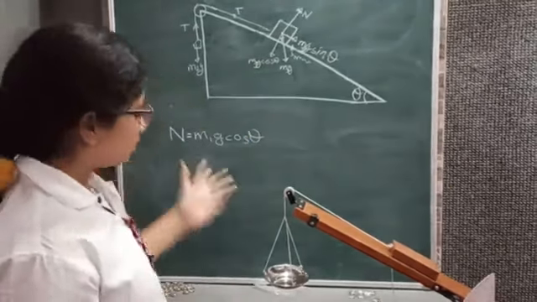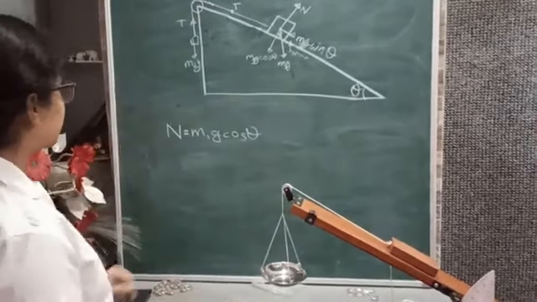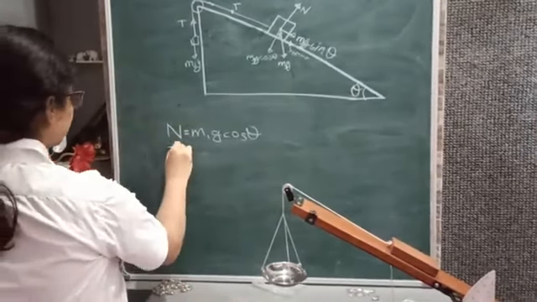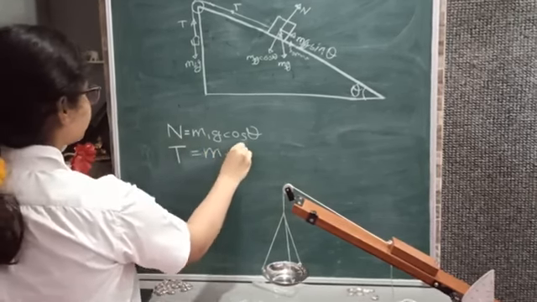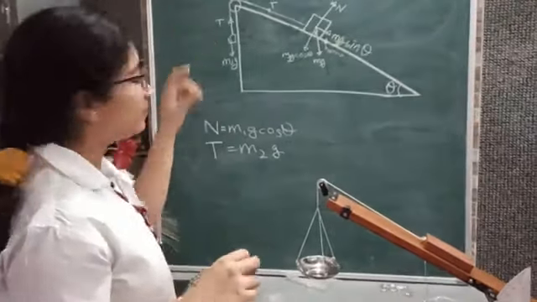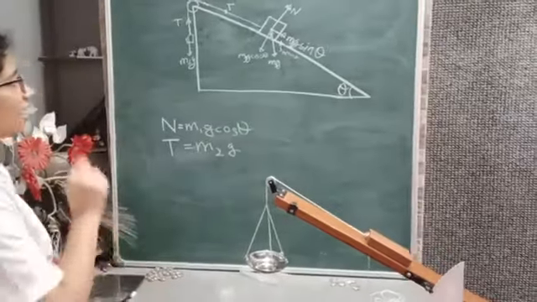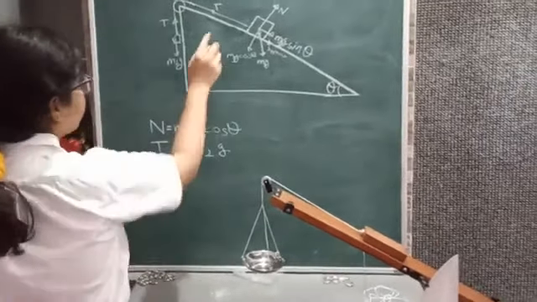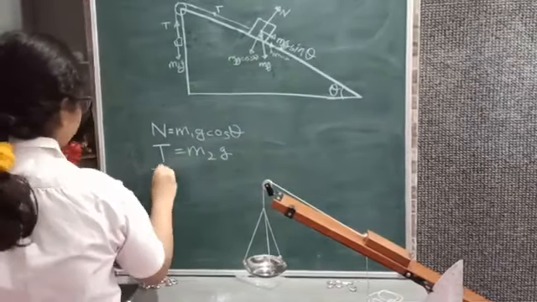And for this plate mass with the pebbles, the equation will be T is equal to m2g. As the body will be just moving, it means this will be in equilibrium, so T must be equal to m2g only.